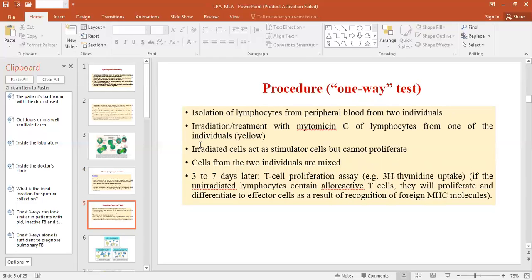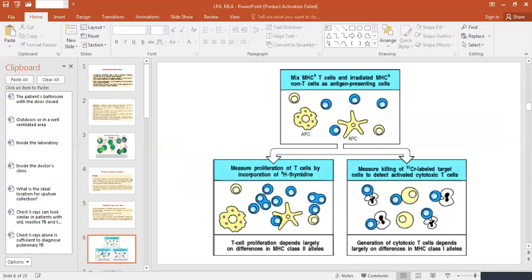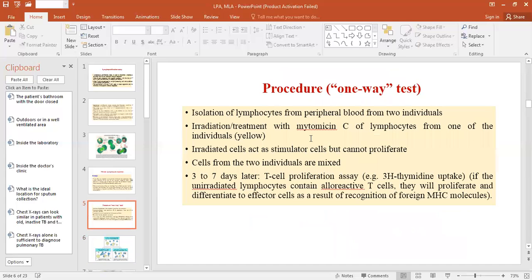Then PBMCs or lymphocytes isolated from PBMCs from one individual will be irradiated or treated with mitomycin C, and the second individual's will not. So the irradiated cell, here you can see, this is the irradiated cell, the yellow one, the blue one is not.